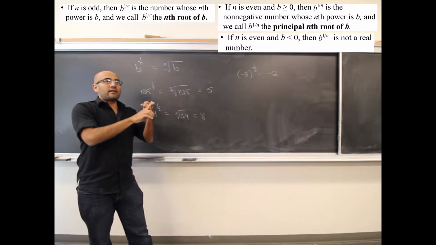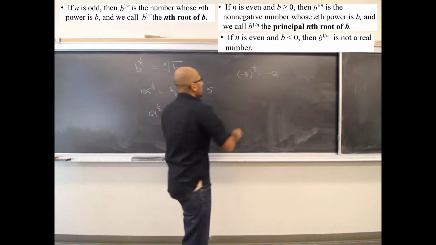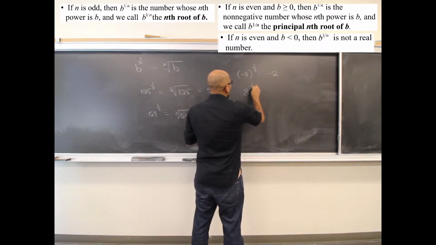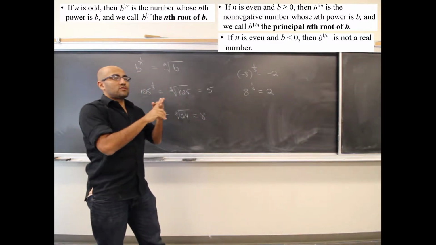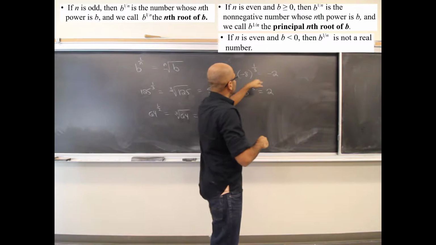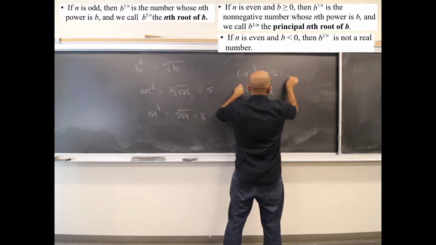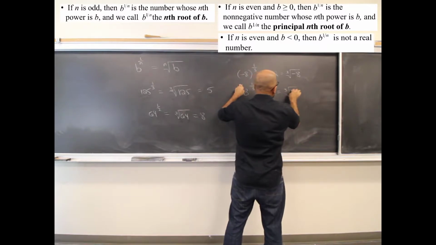Negative 2 times negative 2 times negative 2 equals negative 8. So that one's okay. But if we have 8 to the 1/3 power, well then that's just equal to 2. 2 times 2 times 2 is 8. Right? And again, if you're having trouble visualizing why it equals that, you could just rewrite this as the cube root of negative 8 or the cube root of positive 8.